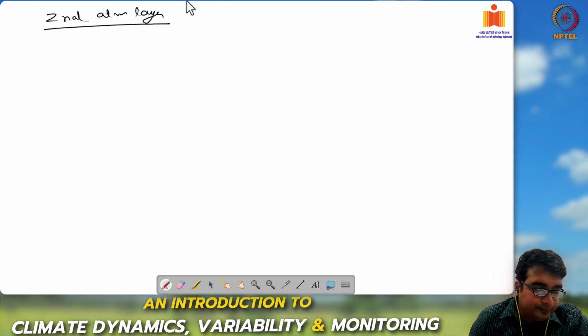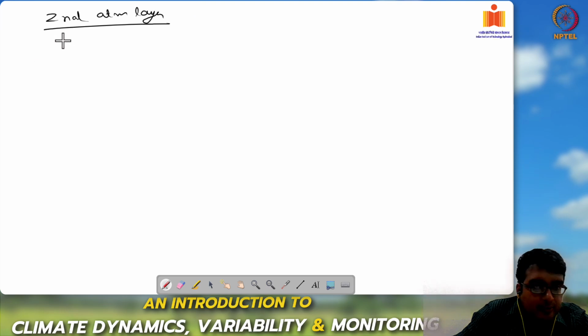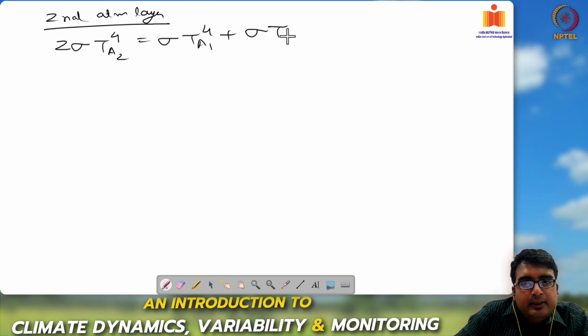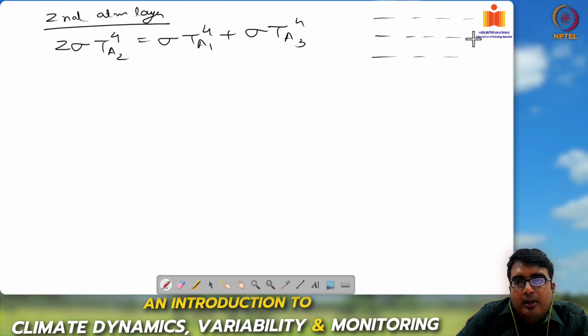So you get the second atmospheric layer: 2 sigma Ta2 to the power 4 equals sigma Ta1 to the power 4 plus sigma Ta3 to the power 4. So if you just look at it, this is Ta2, this is Ta1, this is Ta3.